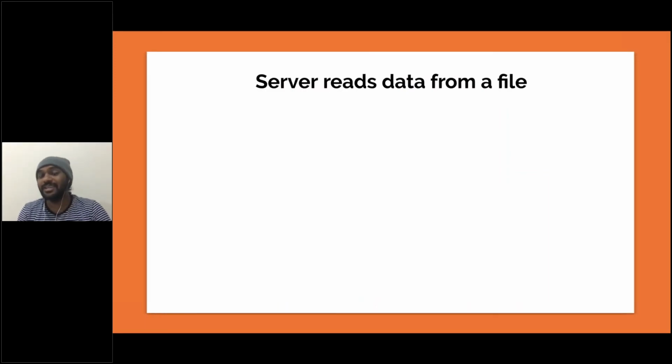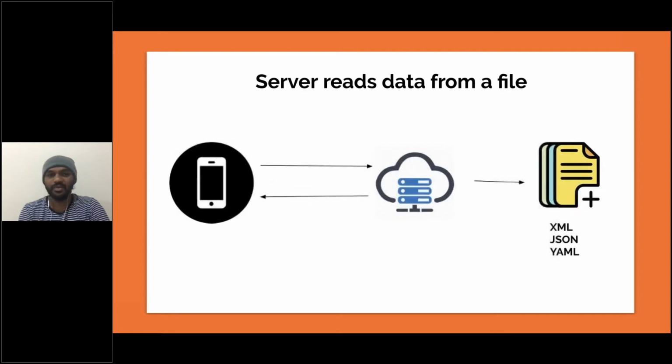So servers read the data from a file. I will show you. So left hand side, right hand side, this one. So what's going to happen here? Whenever you request some information from the server, it has some specific files. Like whenever I get a request from India, I want to show the information for India.